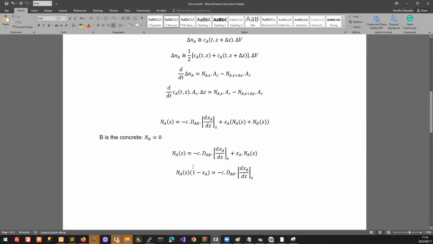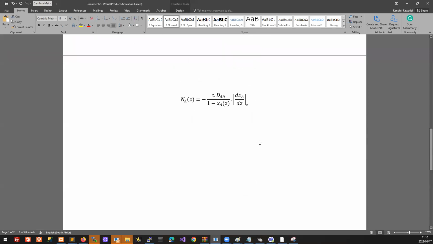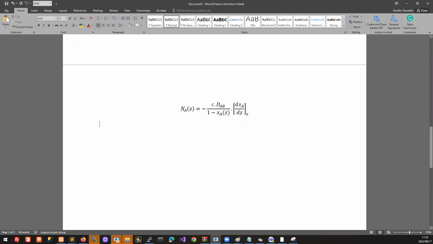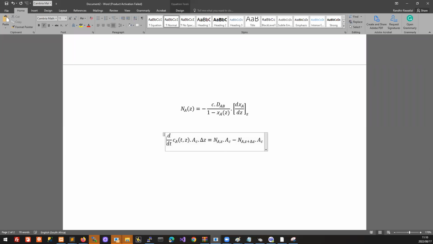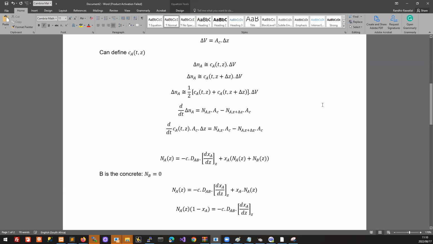So let's go back to the expression we were developing, which is this one. Just copying it there. So it looks like we have to work in terms of XA. So let's remove the total concentration. Okay, I see now.